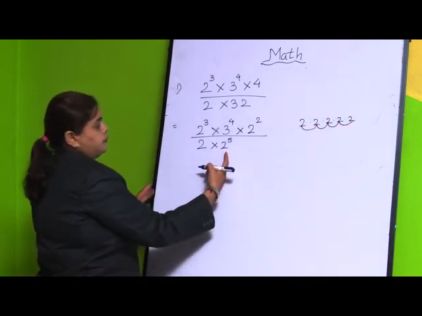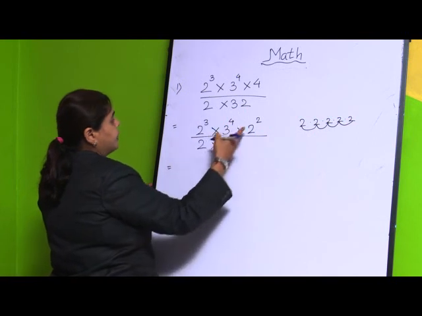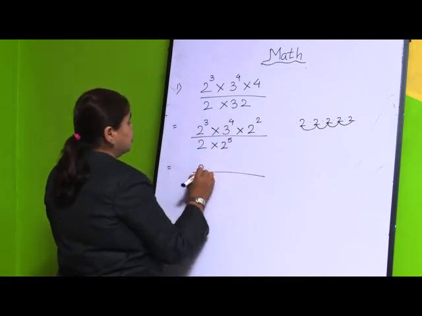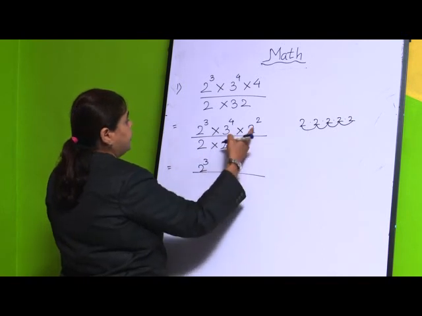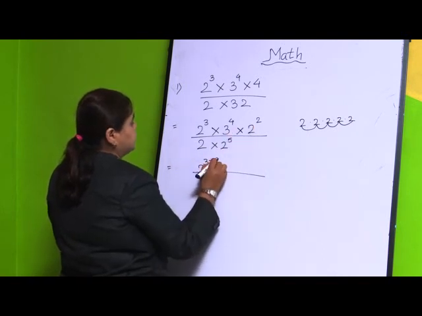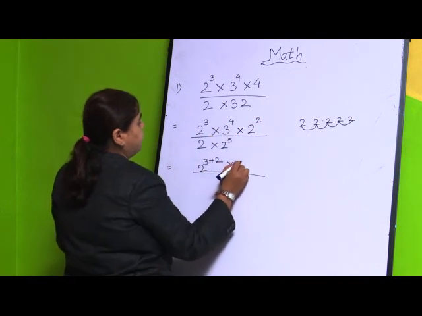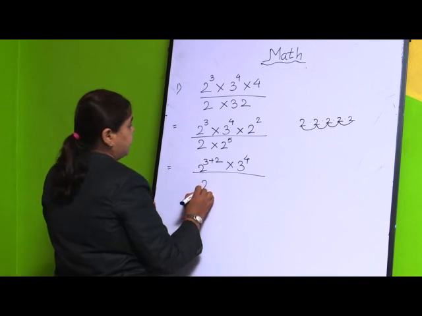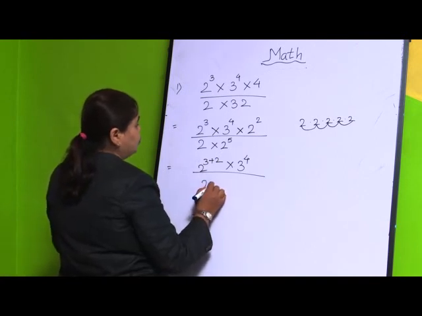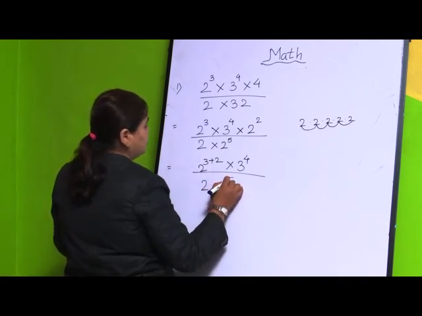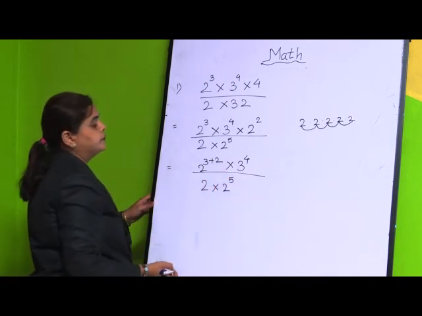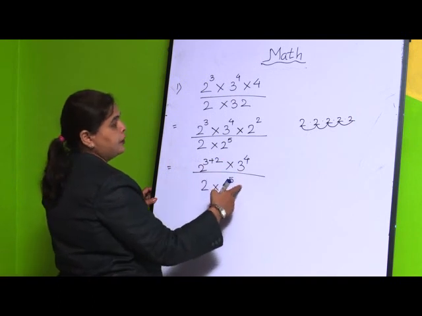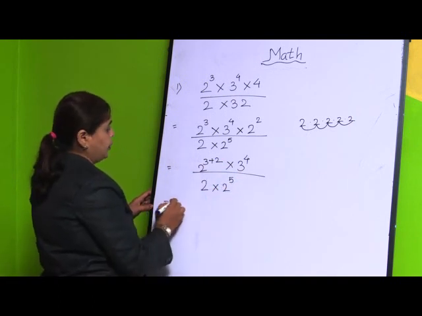It is 5 times. Now, we will try to collect the like terms here, that is 2 to the power of 3, here we are having, so it will be plus 2 multiplied by 3 to the power of 4. Here we will write 2 into 2 to the power of 5. We can write here 6, but I have not written here 6. Why I have not written? I will solve and show you here.